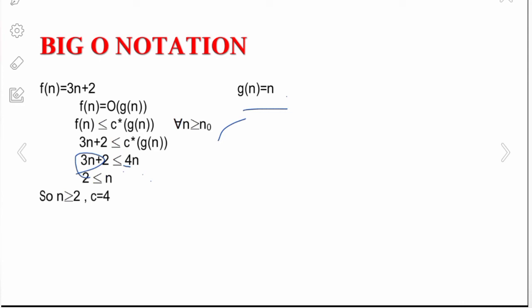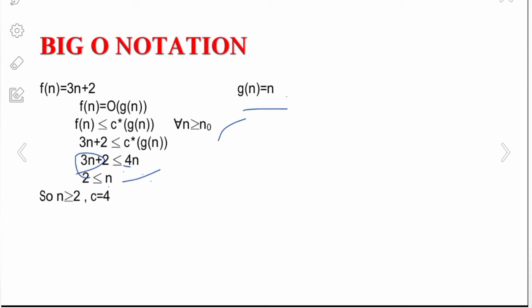So for the 3n we are taking the 4. For the notation, the constant value must always be greater than the higher constant value in f of n. Here the higher value in f of n is 3n only, right? So c must be greater than the higher constant value. That's why we are considering 4.